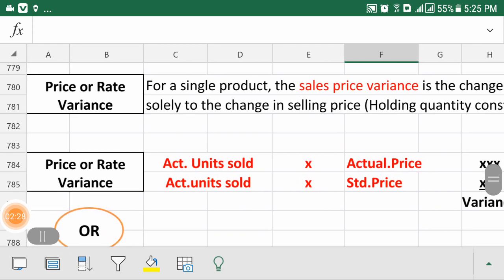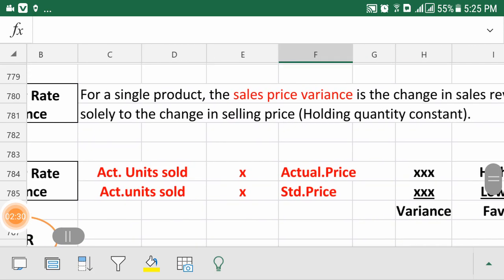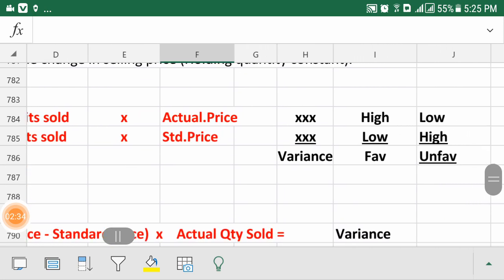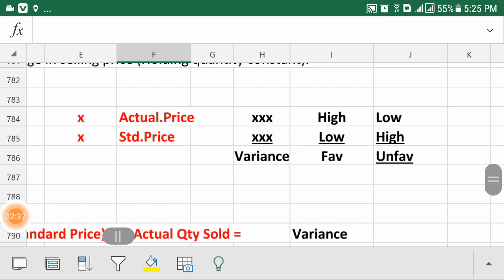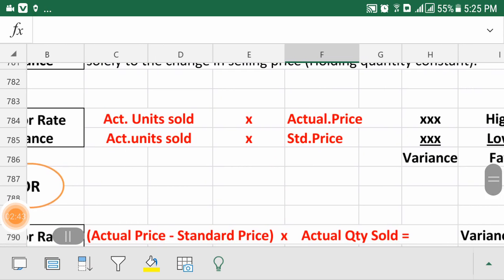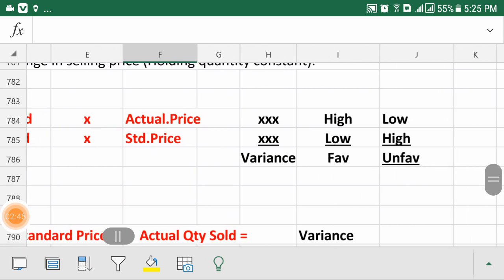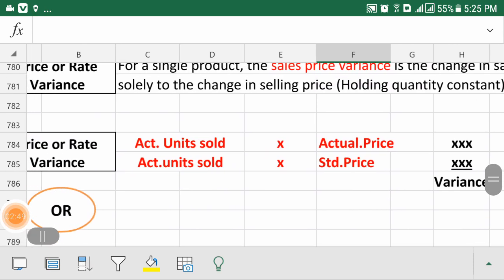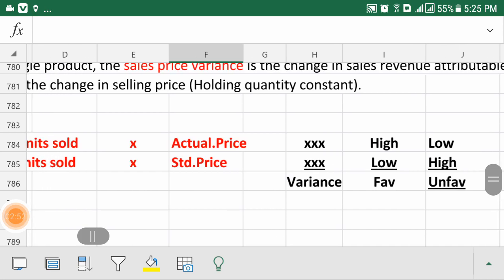Here is the formula: actual units sold into actual price, and actual units sold into standard price. We get a favorable or unfavorable result: if actual is higher and the standard, the budgeted, is lower, you will get favorable. If the actual sales price is lower, it will be unfavorable because your revenue will be lower.